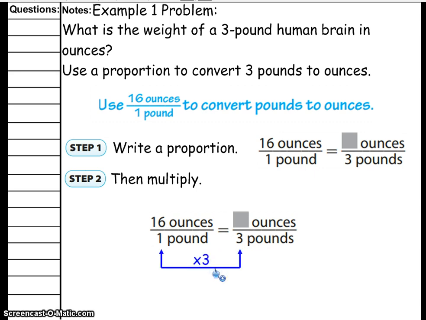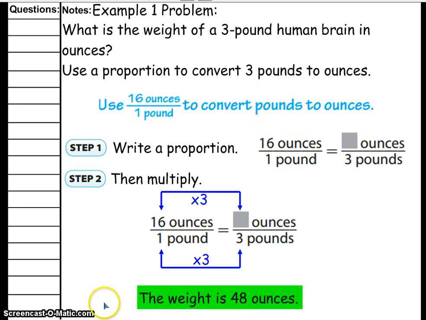Well, we multiply by 3. What you do to the bottom of your ratios, you must do to the top. So we're going to multiply the top by 3 as well. So 16 times 3 will give us 48 ounces. So the answer is the weight is 48 ounces.